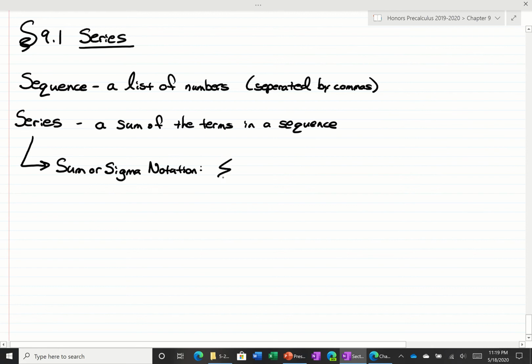Generally, it looks like an E. You might see this if you ever use Microsoft Excel. And the bottom section usually looks something like this, like i is equal to 1, and the top is n, and then you're given some kind of argument right here.